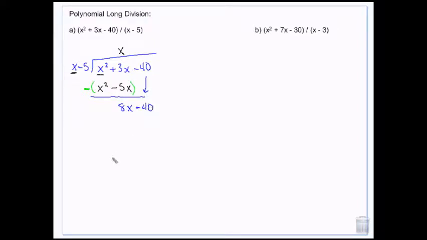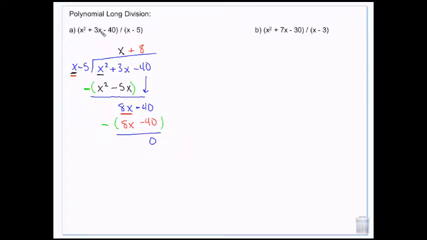And I bring down my 40. And then I ask myself, how many times does x go into 8x? Or what would I multiply x by to make it an 8x? Well, I'm going to multiply it by 8. And so 8 times x is 8x, and 8 times negative 5 is negative 40. And then when I subtract that, I'm done. I got 0.